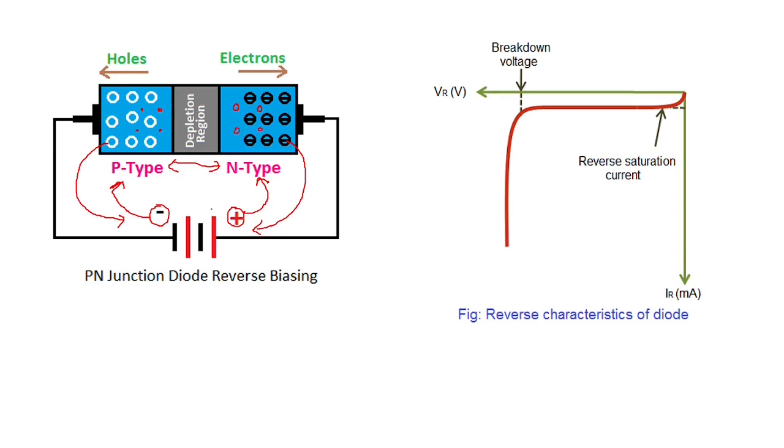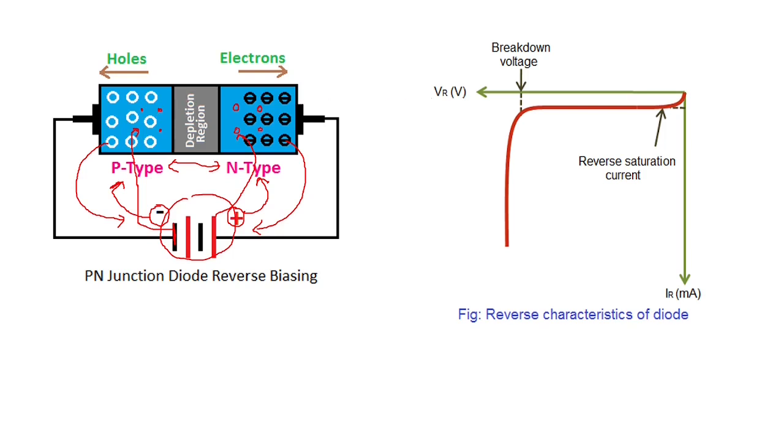Now here, the negative of the battery is going to have an impact on the electrons, which are the minority charge carriers of the p-type semiconductor, and the positive of the battery is having an impact on holes, which are minority charge carriers of the n-type semiconductor. Now for these minority charge carriers, this type of battery arrangement is acting like forward bias, putting a force on them to cross the depletion region.